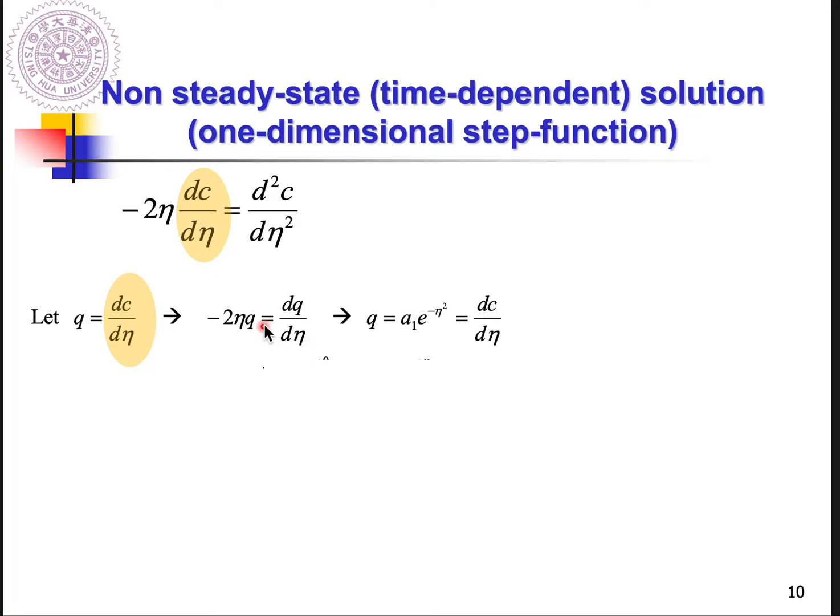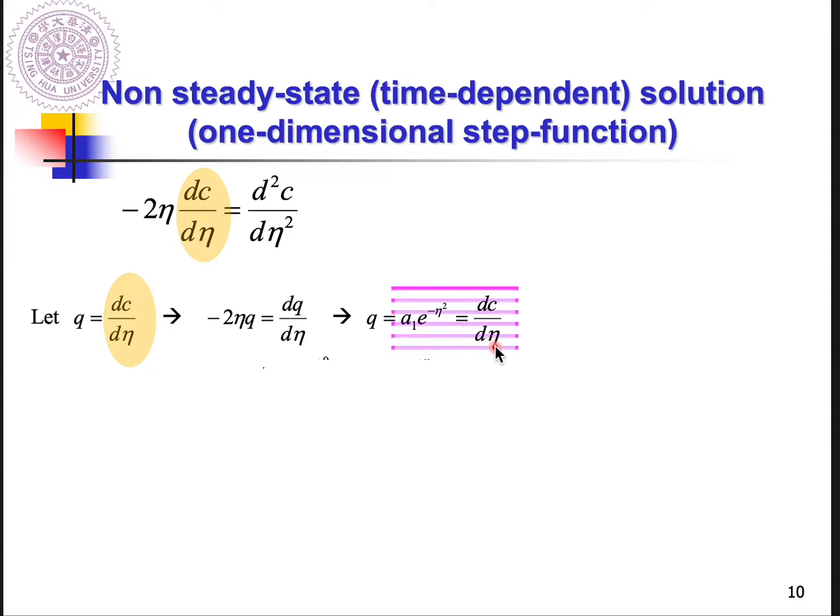So you move the d iota to the left-hand side and q to the right-hand side and take the integral on both sides. So you can get a solution for this equation: q equals A1 exponential minus iota squared. And as you know, q is equal to dc over d iota.